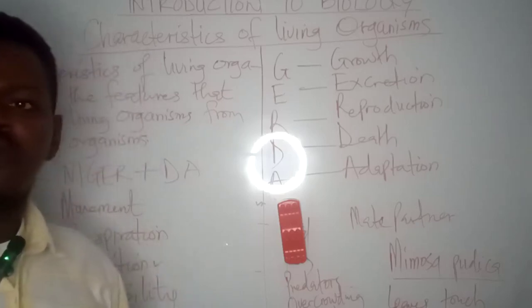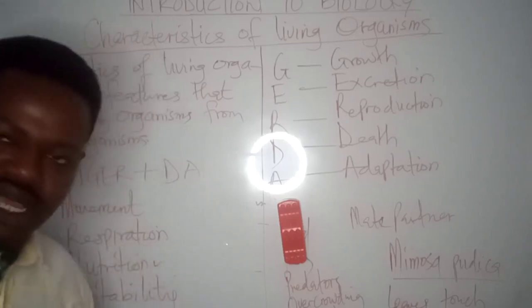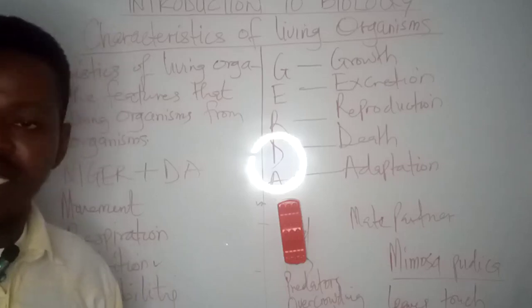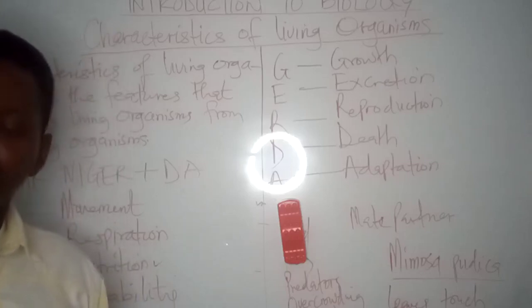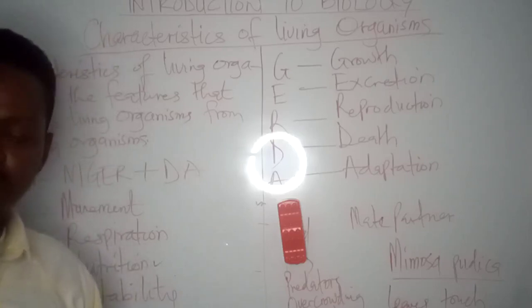And so, only plants are able to synthesize food on their own, and plants are therefore referred to as the producers. Whereas animals, on the other hand, depend on plants directly or indirectly for food.